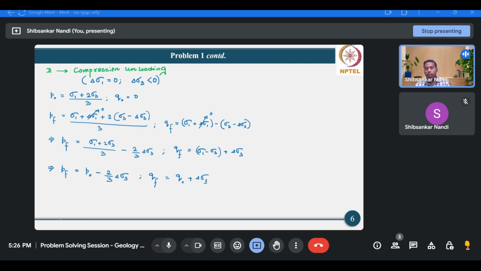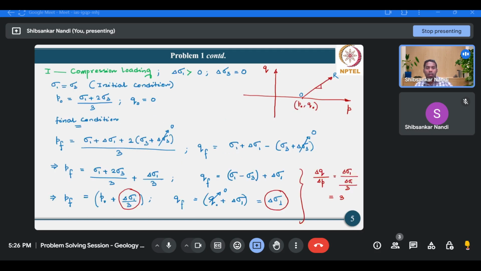So if we try to plot this stress path in this Q-P plot, this is your Q, this is your P, and this is the initial condition.